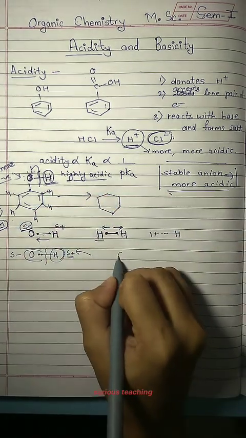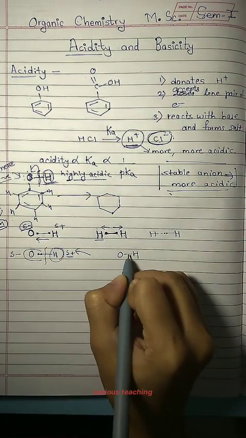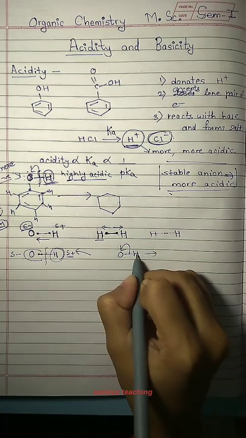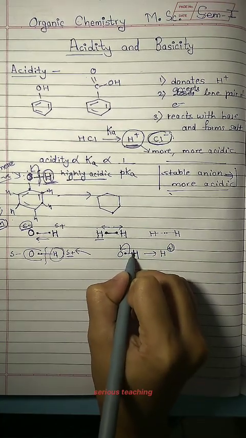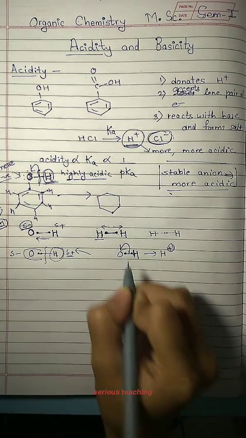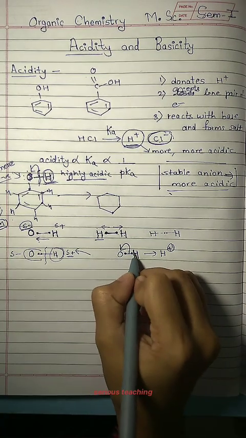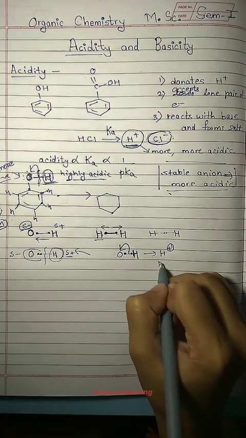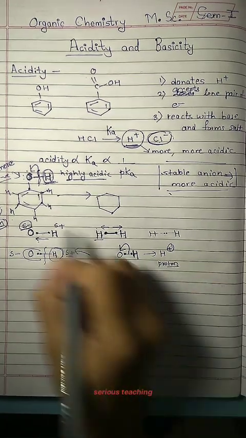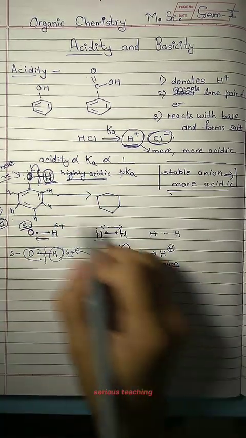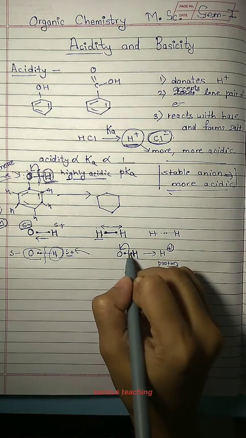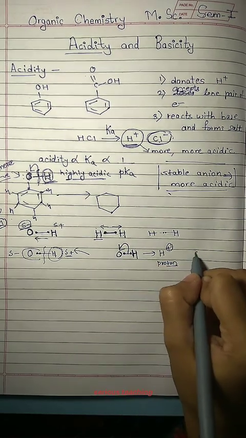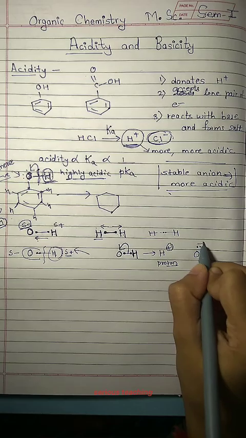If suppose this is an O-H bond and we are breaking the bond, this hydrogen is leaving as H plus, meaning both the electrons are going to the electronegative oxygen atom, and hydrogen is going as H plus, that is in the form of a proton. Here it has donated a proton, therefore it is acidic. Now when oxygen takes both the electrons, this oxygen gets converted into O minus.